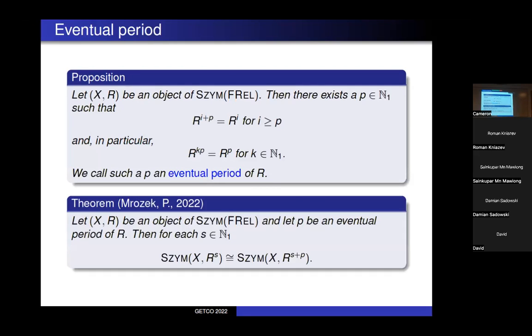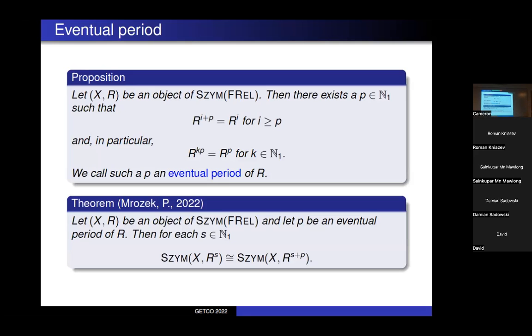The next observation is that we are in a finite context. What does it mean? If we start taking consecutive powers of a relation, we can only get a finite number of different relations. Moreover, those relations start to repeat in a periodic way. We call the number p here an eventual period.